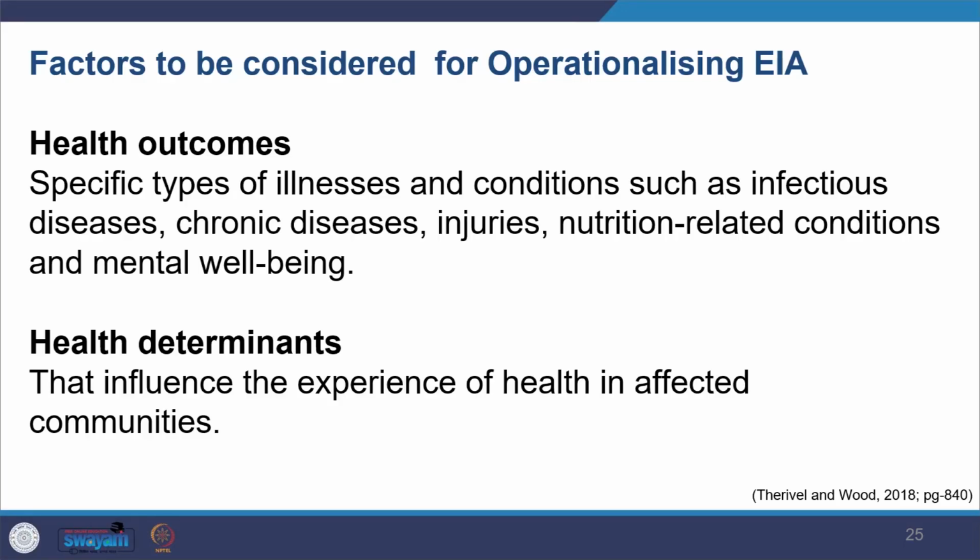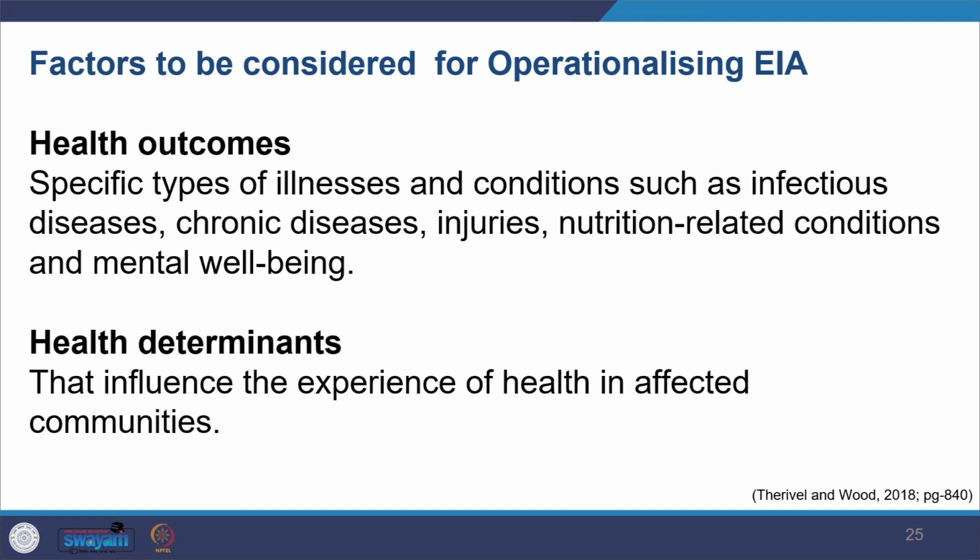you need to consider both health outcomes, which means specific types of illness and conditions such as infectious disease, the range of chronic disease, injuries, nutrition related conditions and mental well-being. And there's another term, health determinants.